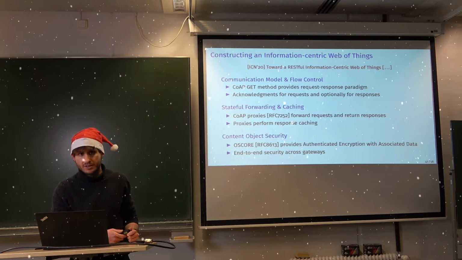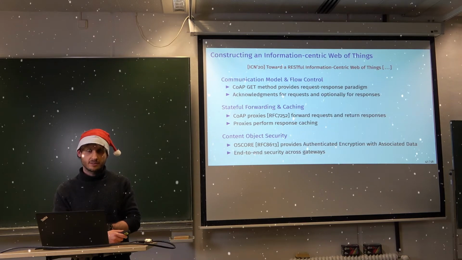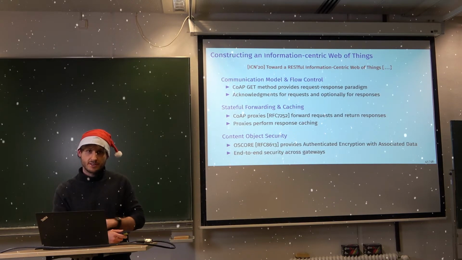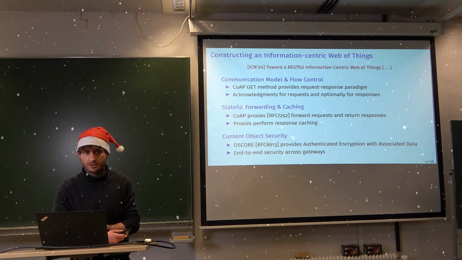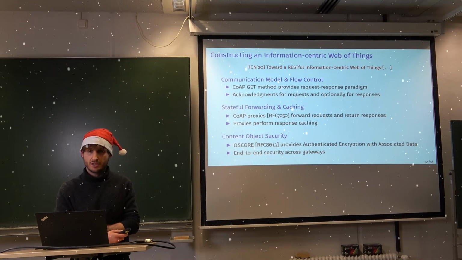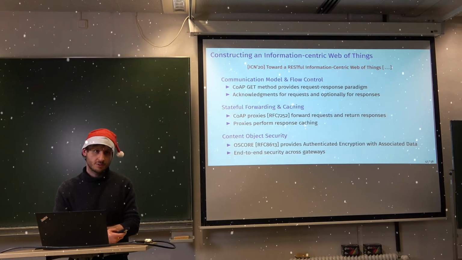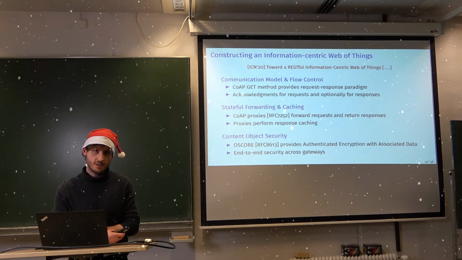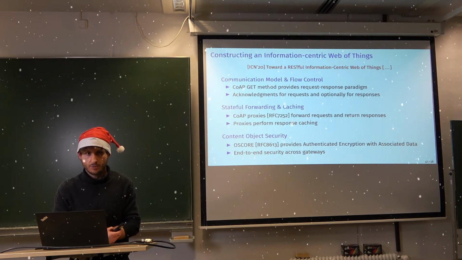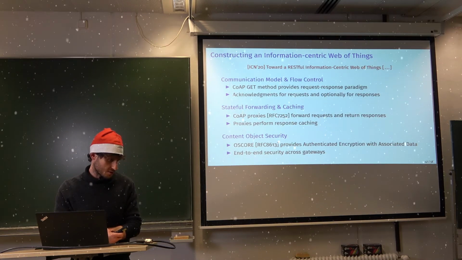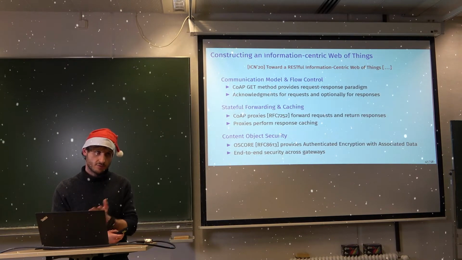So there are already a lot of CoAP deployments, and I think it's much easier to use features from the NDN part, which did a lot of research work in content caching and forwarding strategies. It's much simpler to take these and probably put them into the CoAP deployments. There are also some features in the CoAP world that are not existent in the NDN world. For example, CoAP has this ETag functionality, which is also used by HTTP.